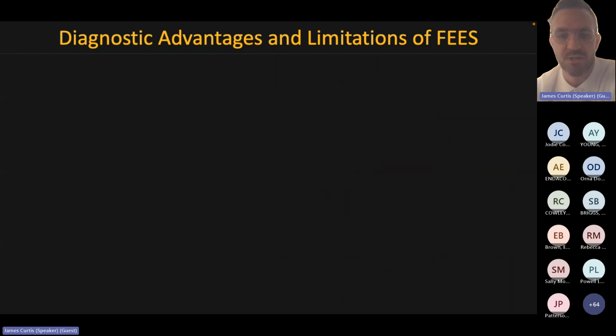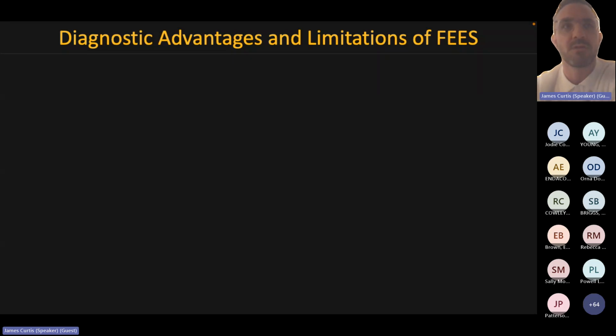When looking at research that compares FEES with videofluoroscopy, which for so long has been, and by some still is, considered the gold standard, we can compare the diagnostic advantages and limitations of FEES if we are using something like fluoro as a gold standard or a reference standard.